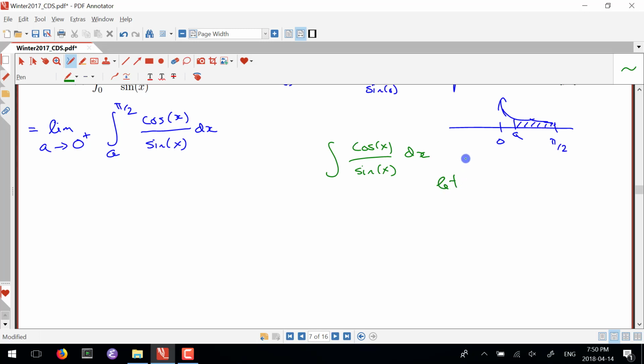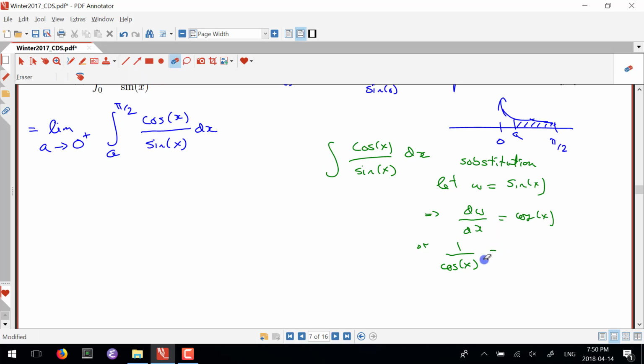So if we do a substitution, and for that substitution, we let w equal the inside function, so sine of x here. We're going to get dw dx is cos of x, or rearranging that, 1 over cos of x dw equals dx.